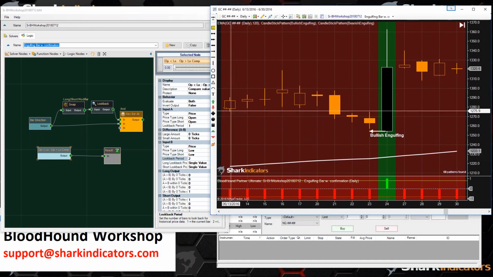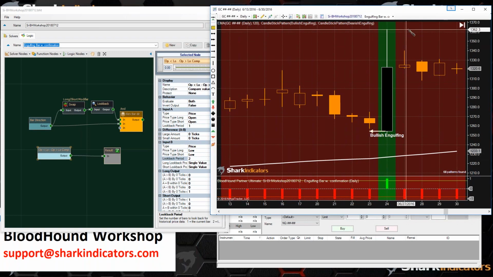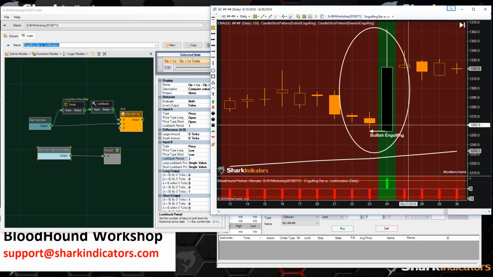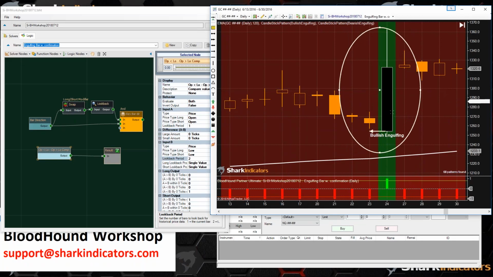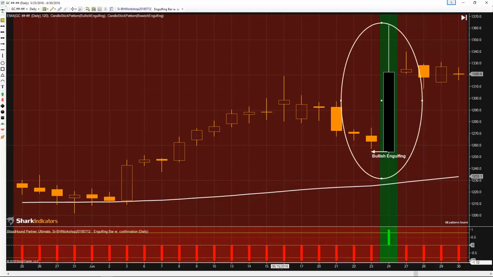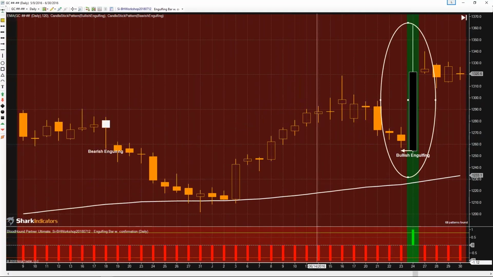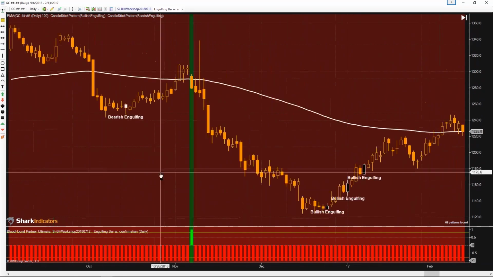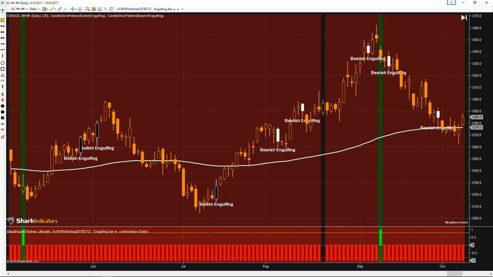So we do have a nice long engulfing bar there. Let's stick with this, maybe I'll stick with gold here, and let's see if I can find a bearish engulfing close by.